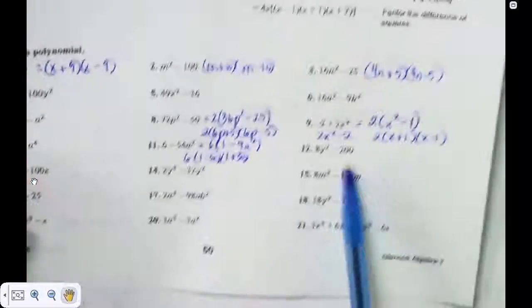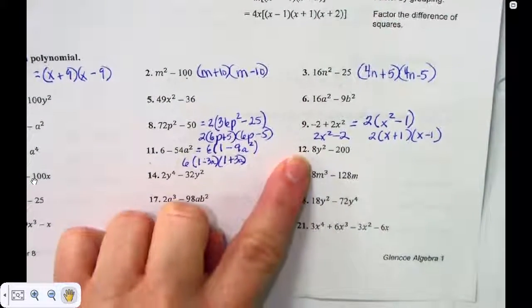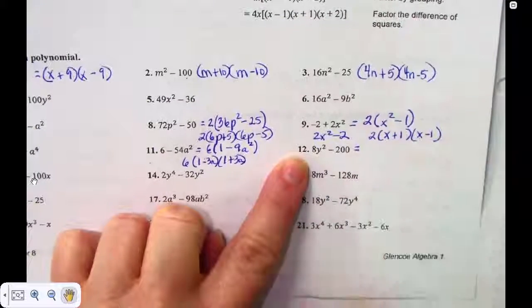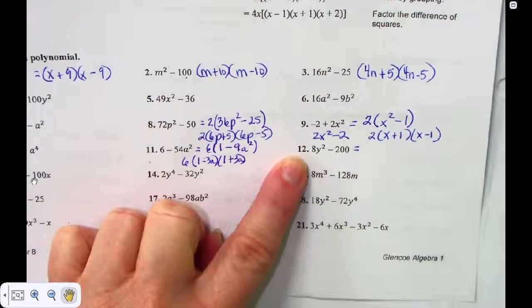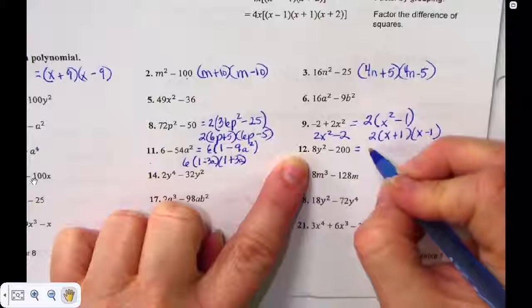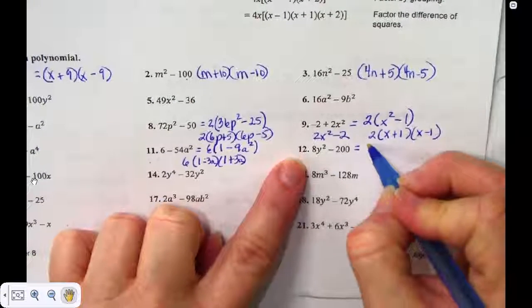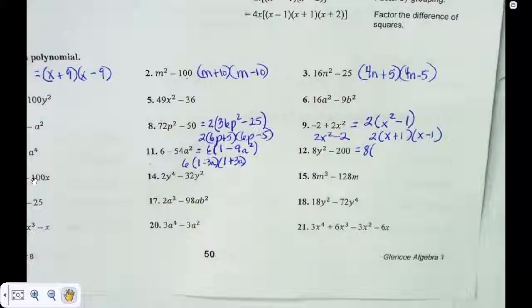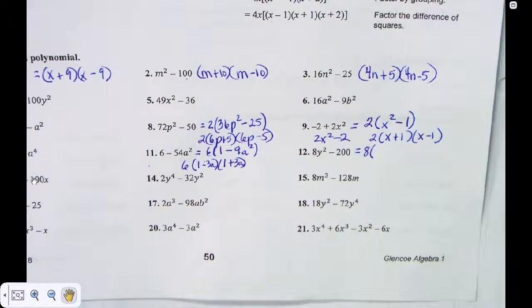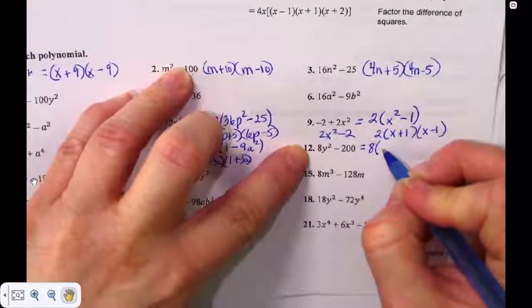Okay, look at number 12. What are we going to factor out of there? Will 8 go into 200 evenly? Okay. So if we factor 8 out, let's factor 8 out and then we'll go over the 2, because that would have worked too.